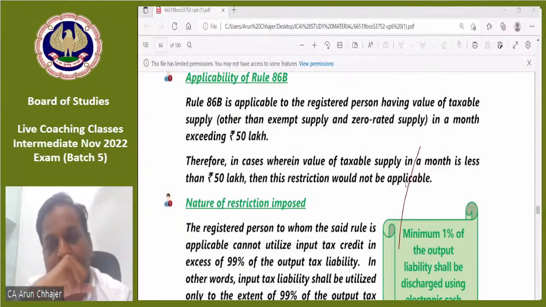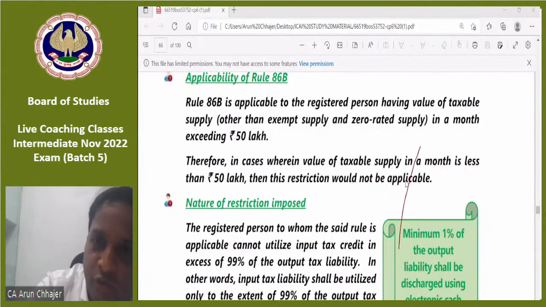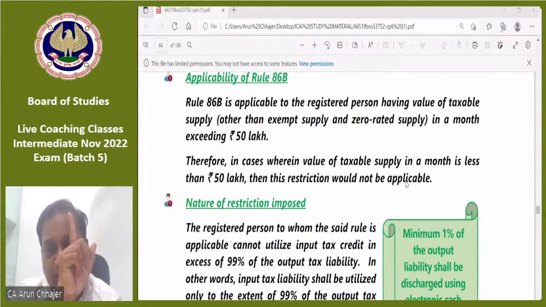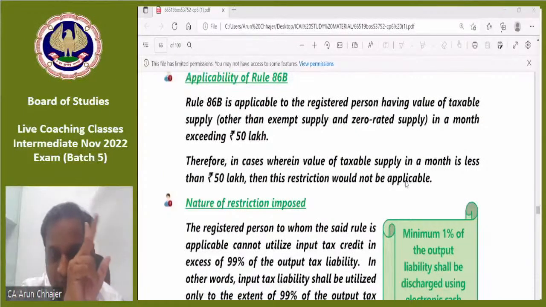There are only two supplies which are zero rated. One is export and the second is SEZ.